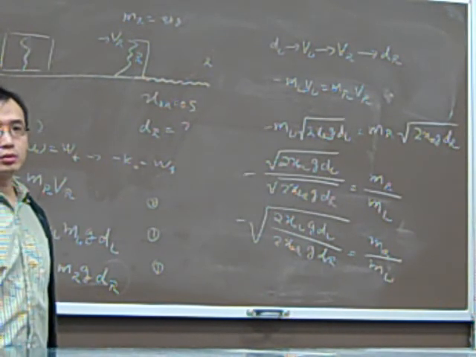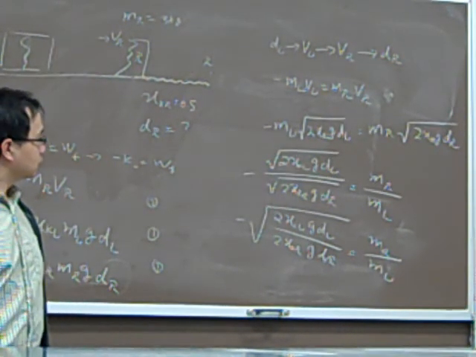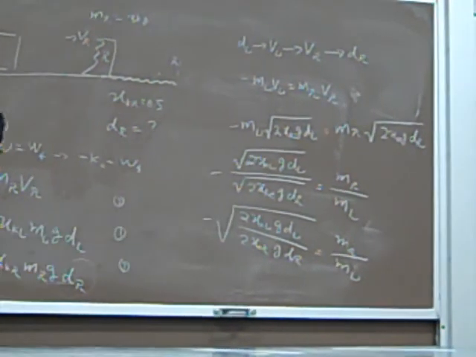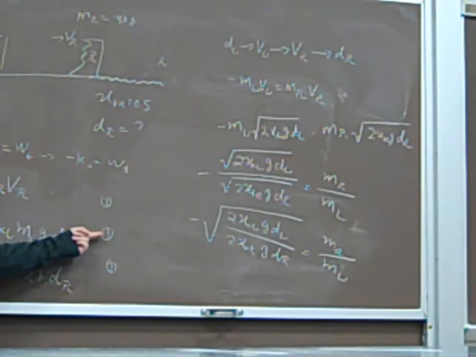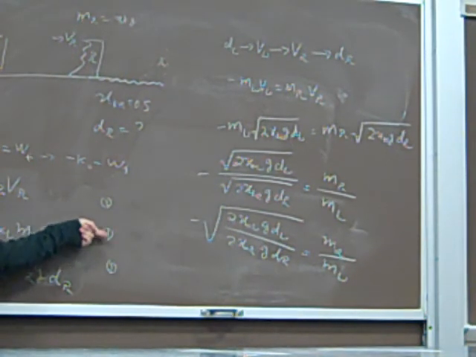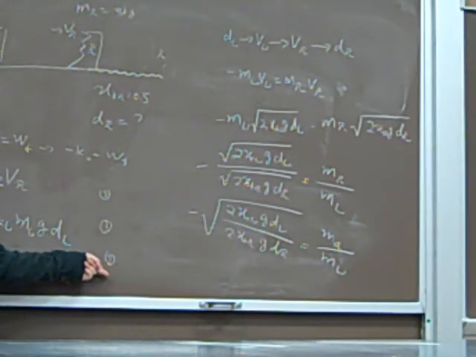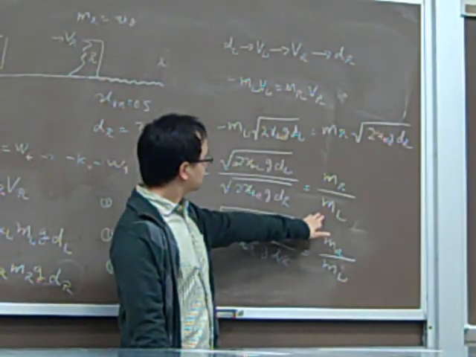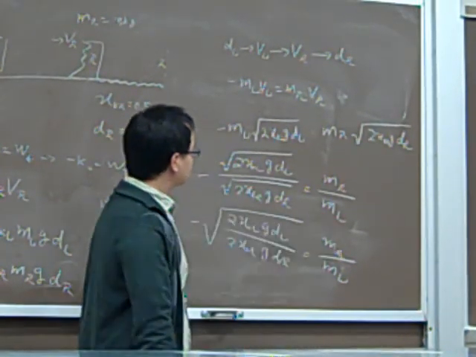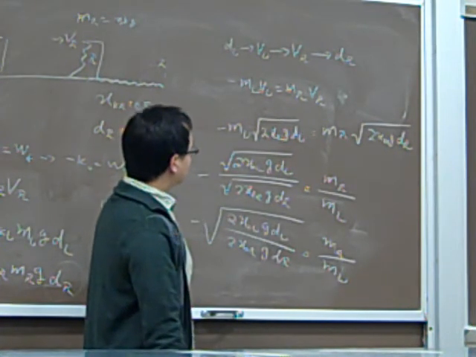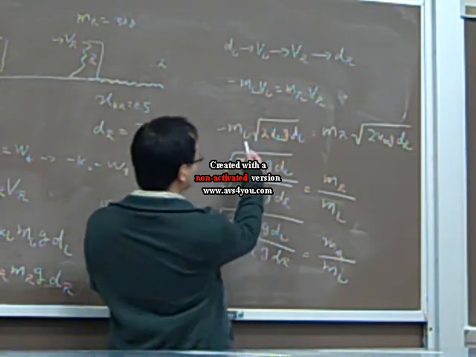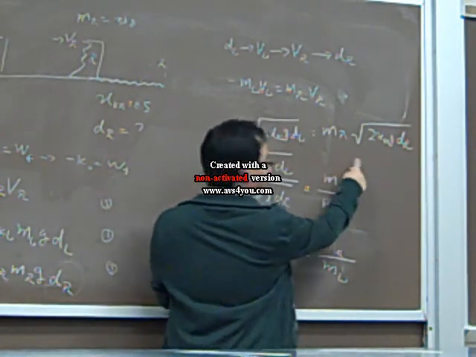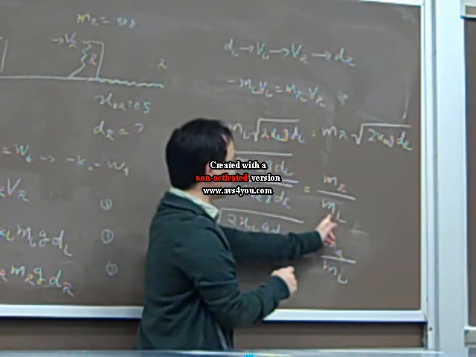Question: why did you factor out the mass instead of leaving it in the square root? Okay, the reason I do this is basically that you can do it step by step: first solve this equation, solve this equation, solve this. What I'm doing is first I divide this by ML, so I make ML here.